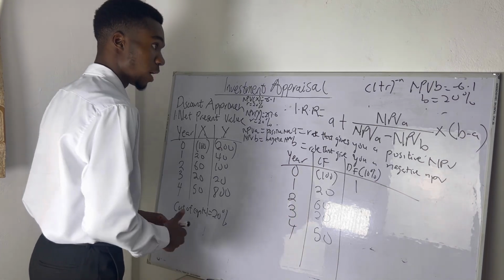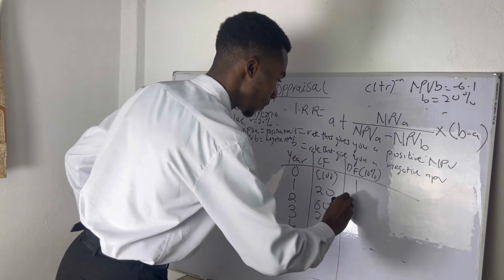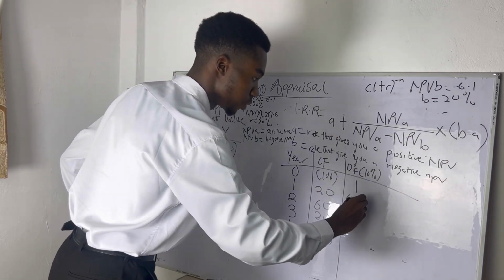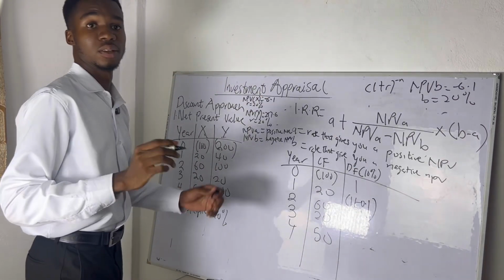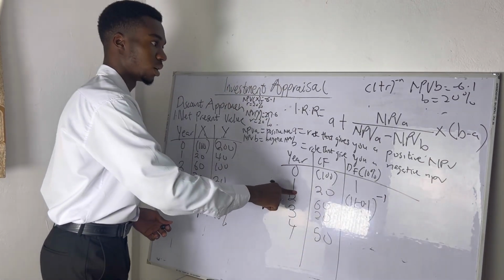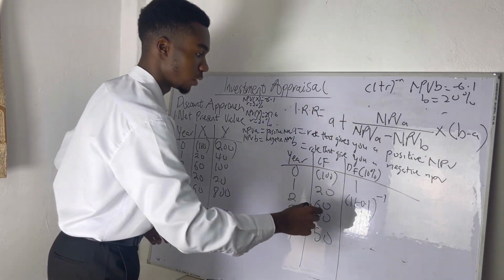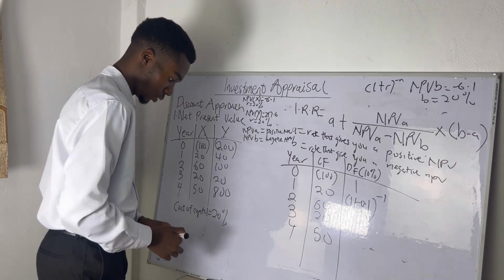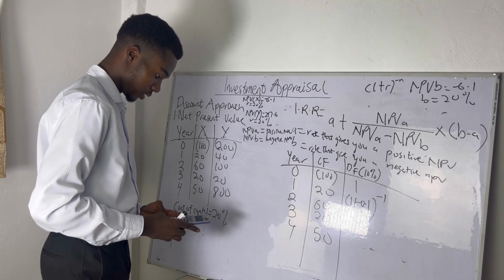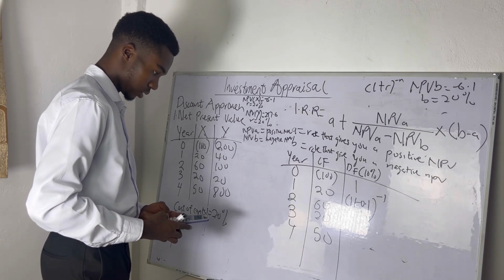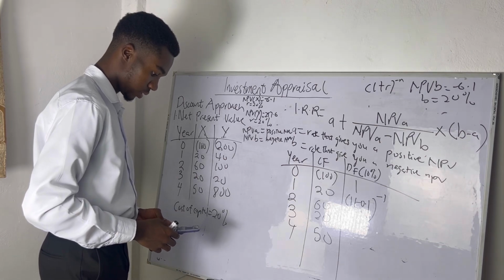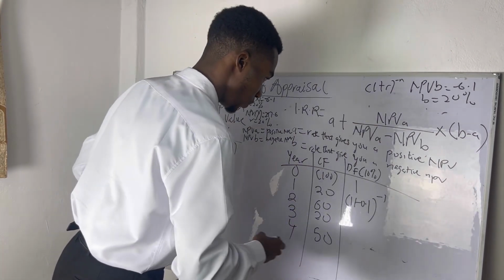Now since our rate is now 10%, 0.1, because 10 over 100 is 0.1, exponent negative 1 because the year is 1, and the N is the year. So 1 plus 0.1 exponent negative 1. I'm getting 0.9.